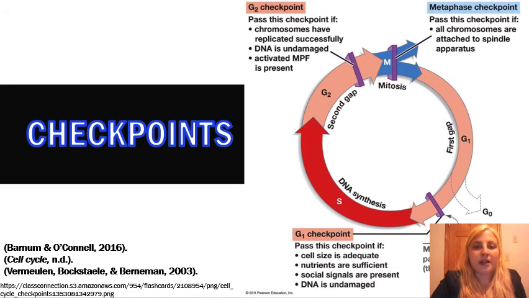As mentioned, cell size, nutrients, and the signals from CDK cyclin complexes are necessary for progression. However, the most important halt at this step is making sure DNA is undamaged. Damaged DNA is dangerous for any cell, and the body has these checkpoints to prevent the replication of damaged DNA.